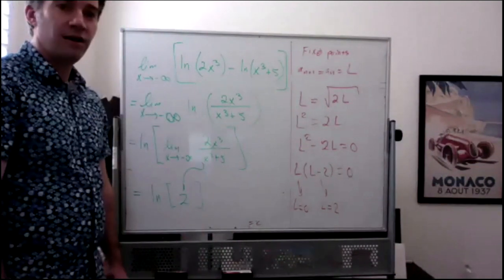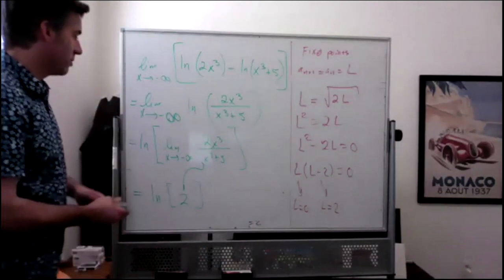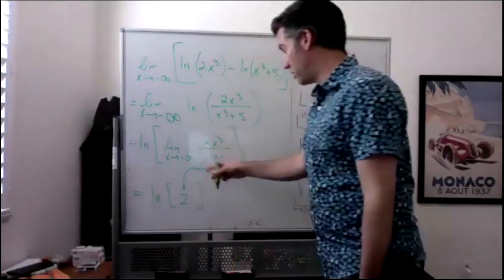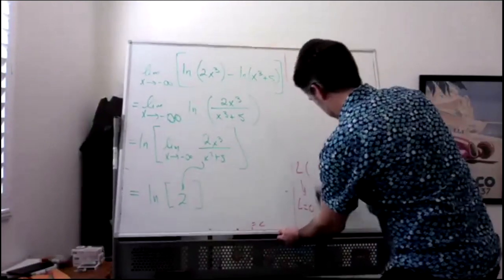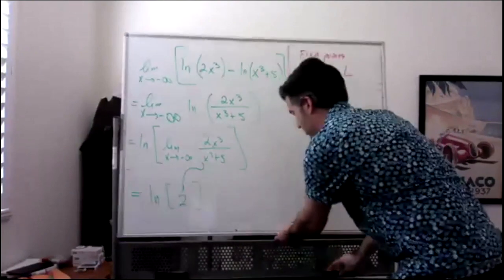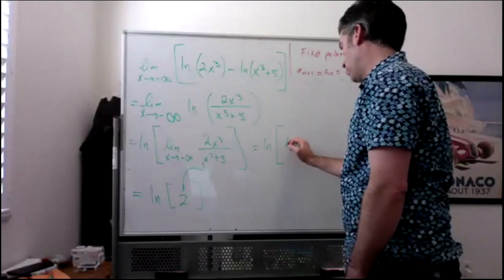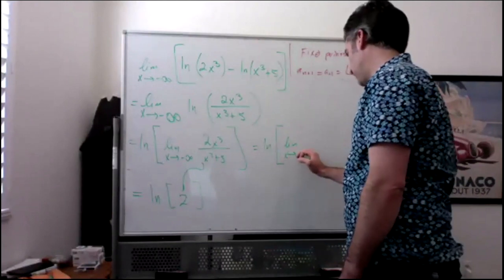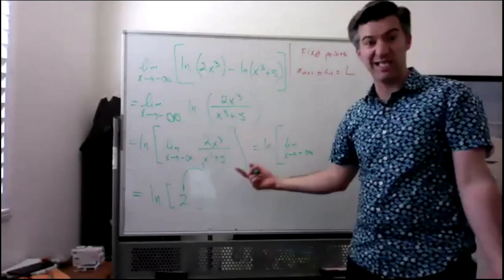Wait, why is it 2? Why is it 2 again? Well, we can do what we were doing before. We could say that this is the natural log of the limit as x goes to minus infinity, and we can divide everything in the top and bottom by x cubed.